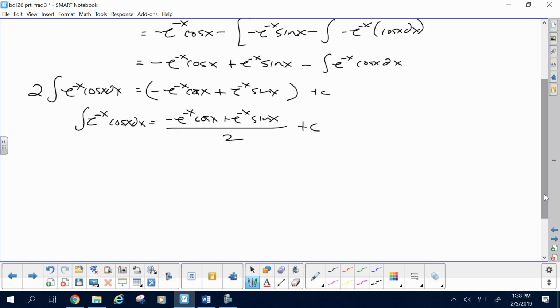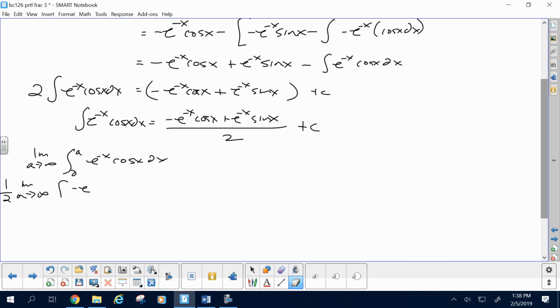The improper integral. The limit as a goes to infinity of the integral from 0 to a of that is equivalent to the limit as a goes to infinity of that antiderivative, negative e. Let me just pull the half out front, do you mind? Okay, limit rules are cool with that, by the way.